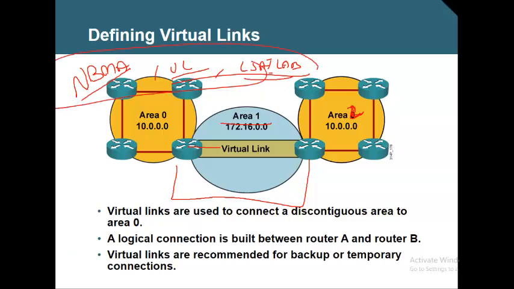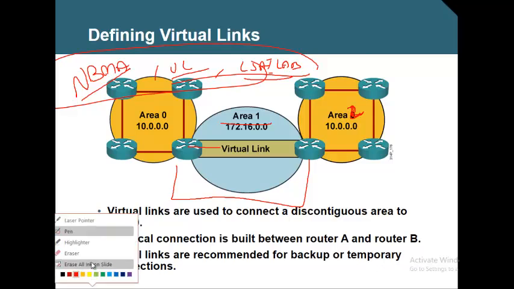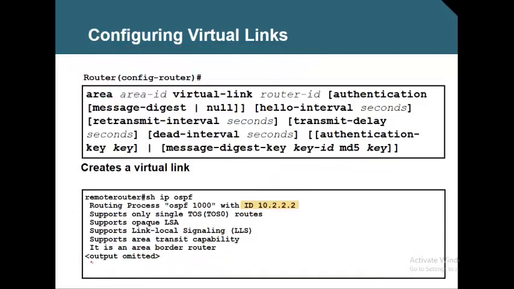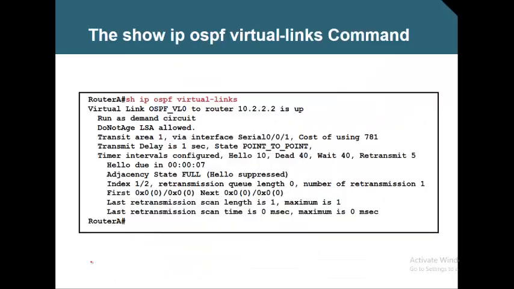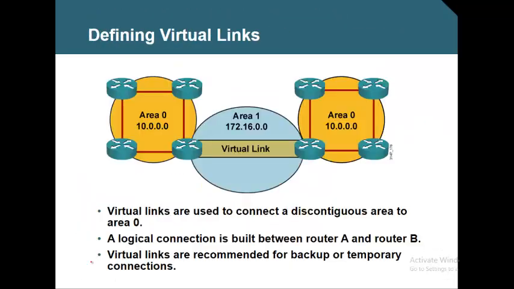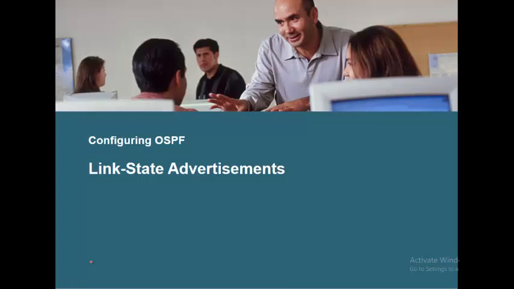Before I do the virtual link lab, I'll bring you here again to explain virtual link. Before I do the LSA types lab, I'll bring you here to explain LSA types, and then we'll do the lab. So that's the plan for tomorrow's class. We'll start with NBMA network types.